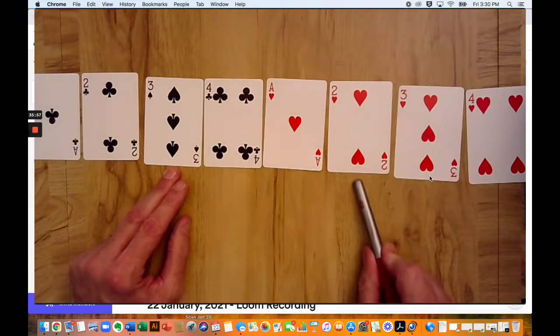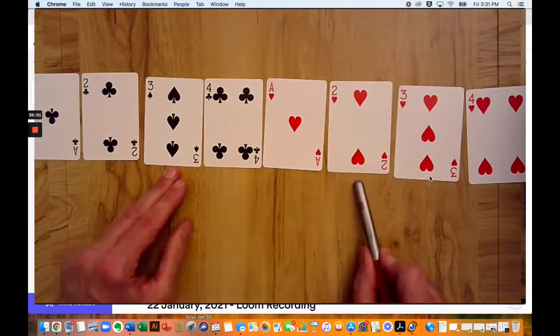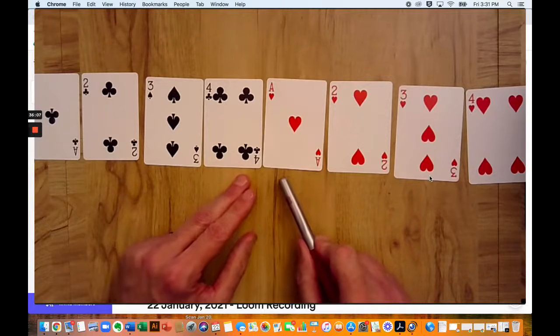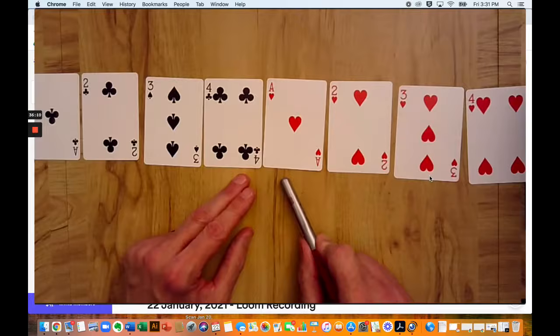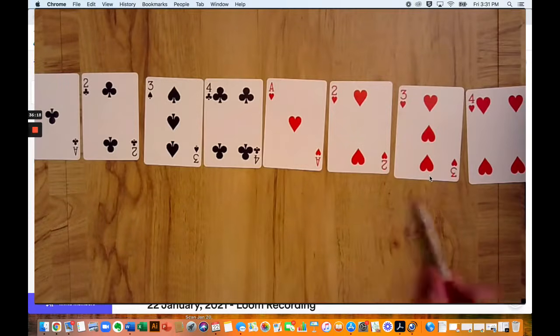But equally important, the value of the cards sitting in these two positions, their values add up to 5 as well. And the same thing for the cards in the very middle. So what we can do is state that this is a mirrored structure relative to card values that add to 5.